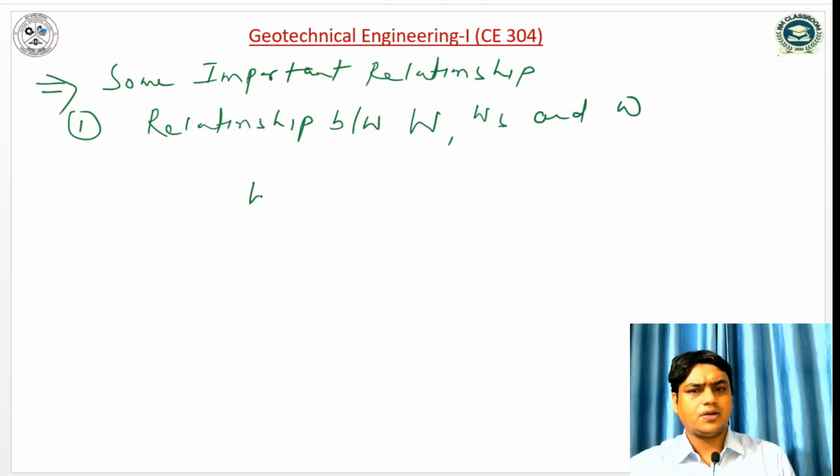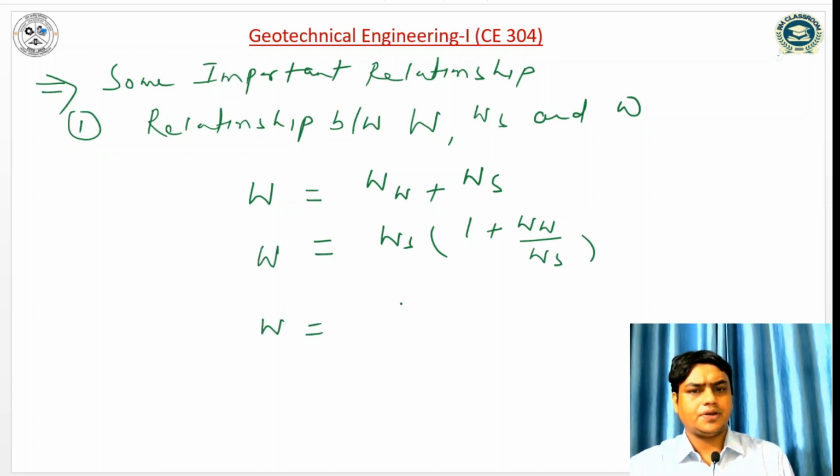So we know that total weight is equal to weight of water plus weight of solid, because weight of air is negligible. So if I take weight of solid common, it can be written as weight of water by weight of solid. So capital W can be written as WS into (1 + Ww/Ws), and we know that the ratio of weight of water to weight of solid is water content.